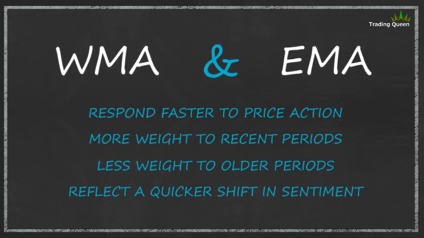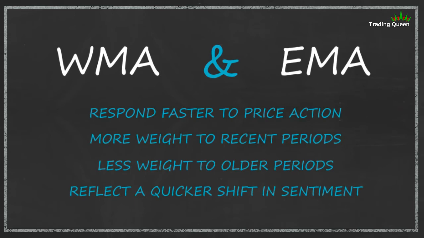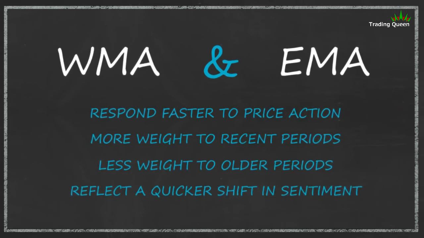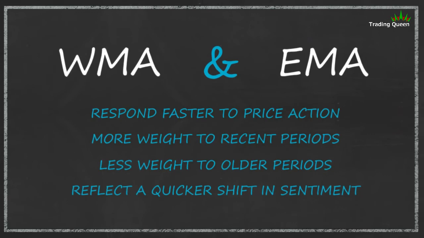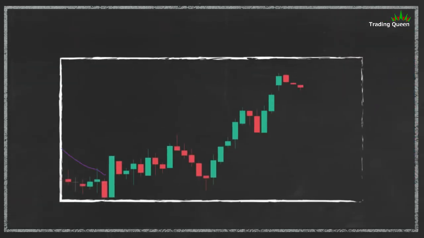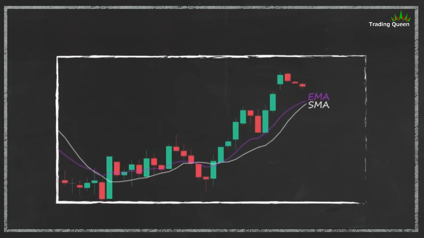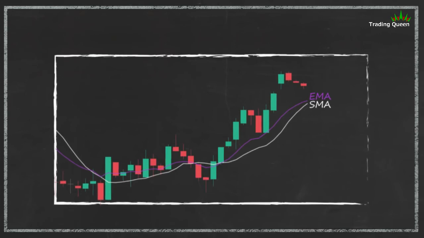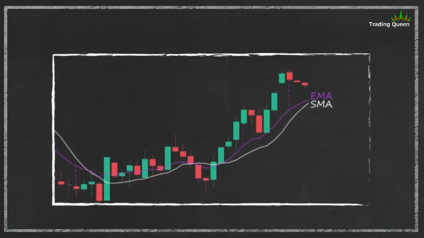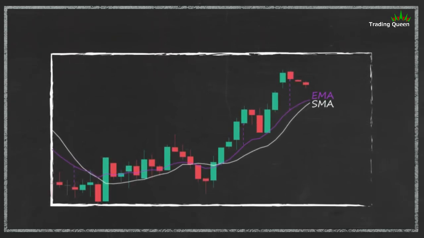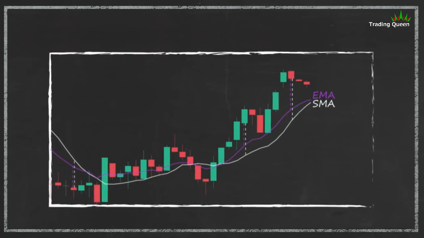They reflect a quicker shift in sentiment, which can be due to changes in supply and demand, or important news events that impact the traded instrument. To illustrate what we mean, if you were to plot an exponential moving average and a simple moving average on a chart, you will see that the exponential moving average is closer to the current price than the simple moving average.